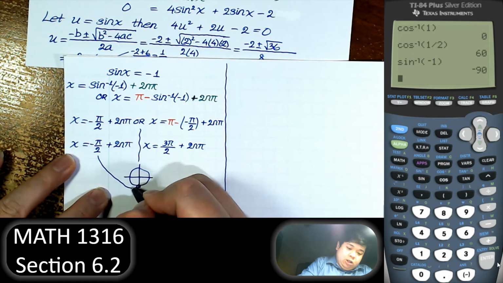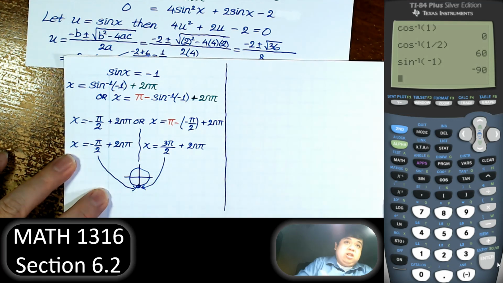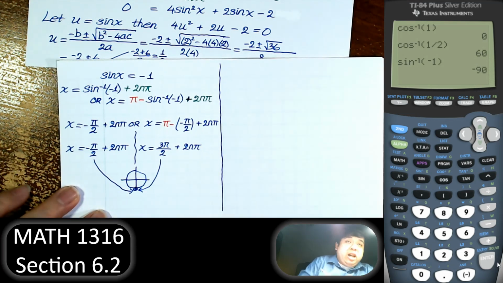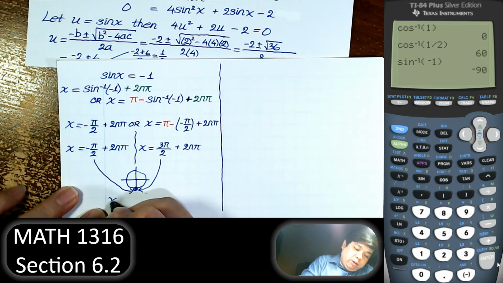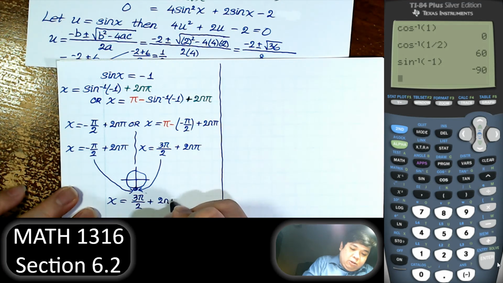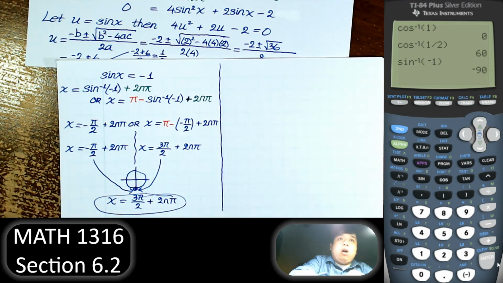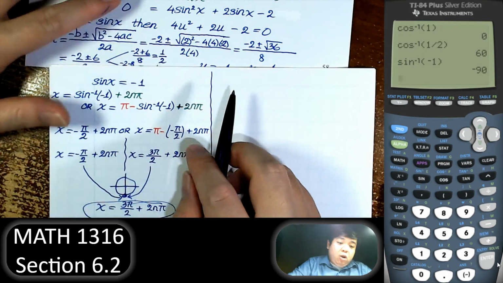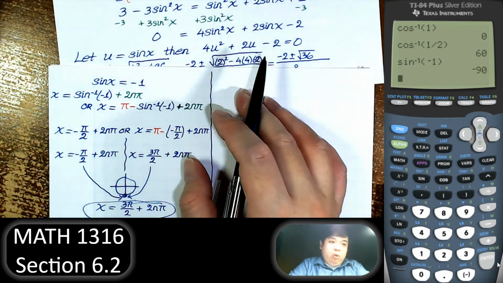So these two correspond to the same values. Because they are the same, we just say the solution for this part is, let's use the 3pi/2 plus 2n pi. So we have one part here corresponding to u equal to -1.